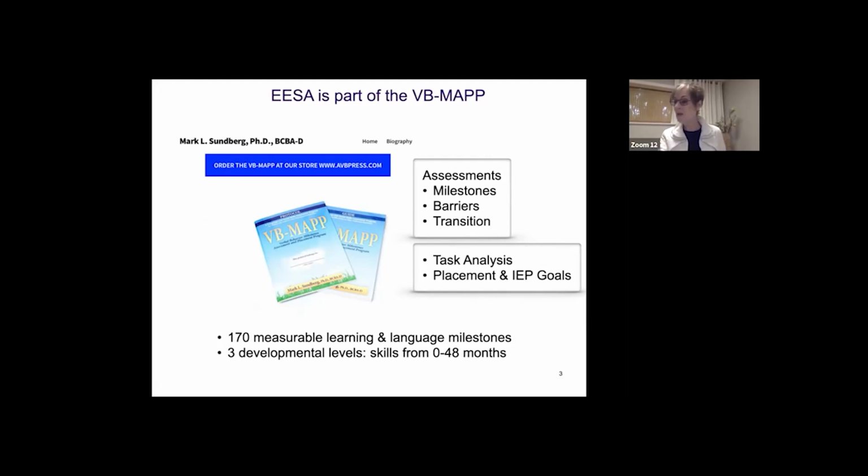It takes a look at 3 developmental levels, level 1, 2, and 3, that encompasses skills from 0 to 48 months. And the ESA evaluation is really only involved in level 1 and level 2, because at about 30 months of age, the echoic repertoire is already in full force with most learners.